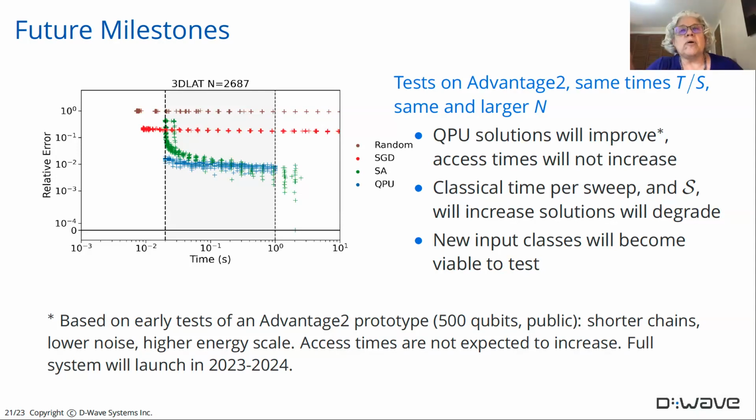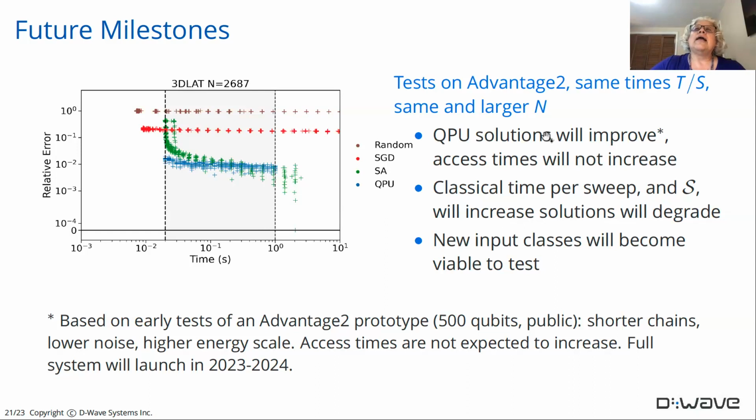And furthermore, when the thing gets big enough to have the 7,000 qubits, there's expected to be no substantial increase in access time. So we can run these same tests again, and we'll discover that Advantage 2 is doing better than the current Advantage system. And also Advantage 2 is going to be able to hold larger inputs of each category.